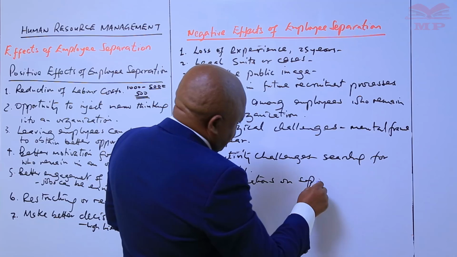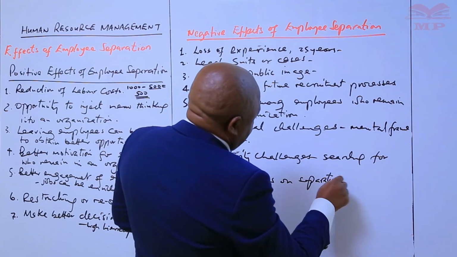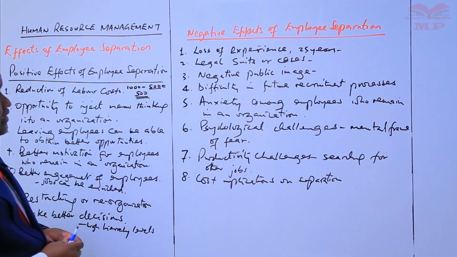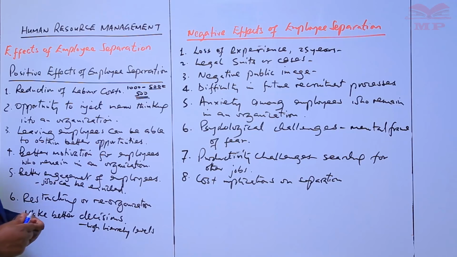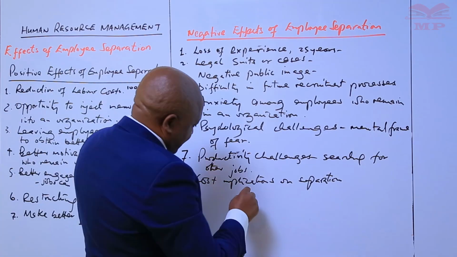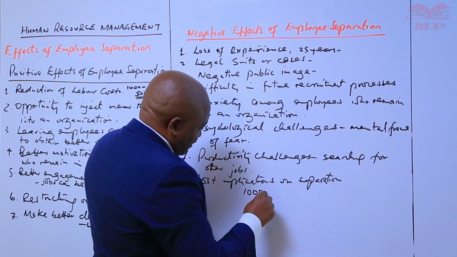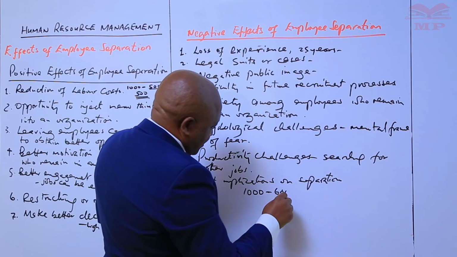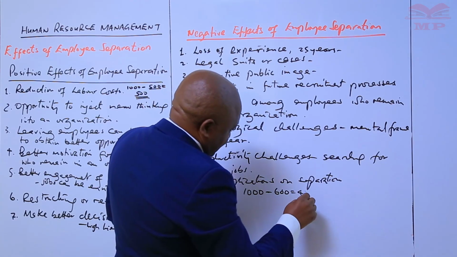on separation. So that again becomes a negative effect of employee separation. Let us take an example. An organization that had 1,000 workers terminates 600 workers and remains with 400.